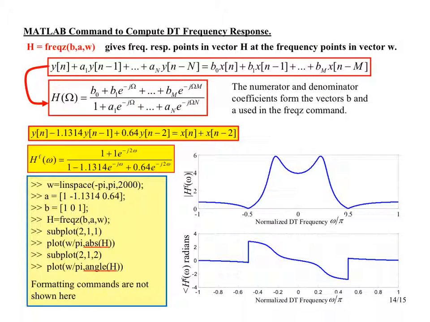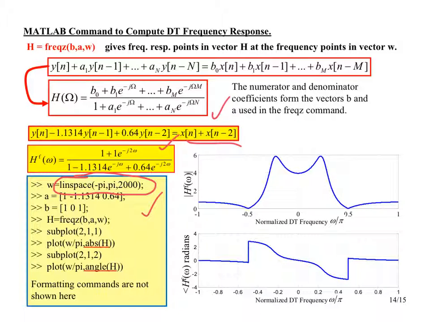So here's another example. I already showed you how to use freqz, but here's another example of how to do that for a specific difference equation. This one does have feedback as well as feed forward. Here's the frequency response form, and then here are the commands that I use to create and plot that. Now, here I'm using a command called linspace.